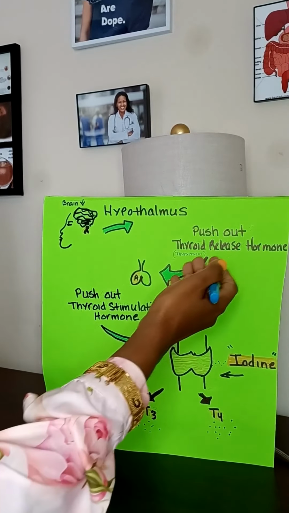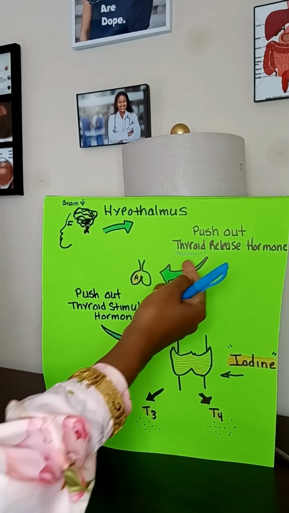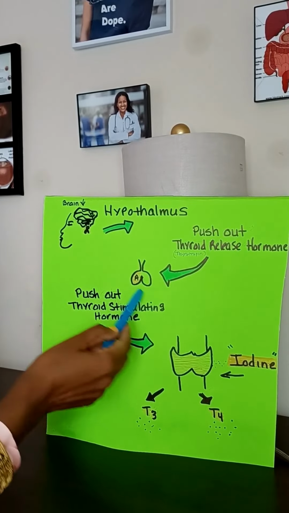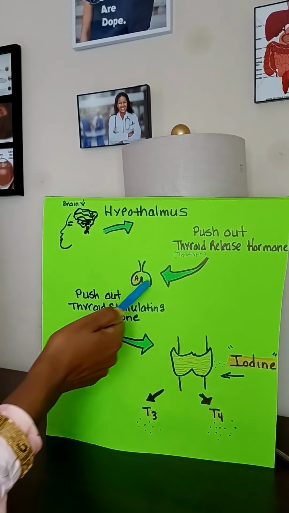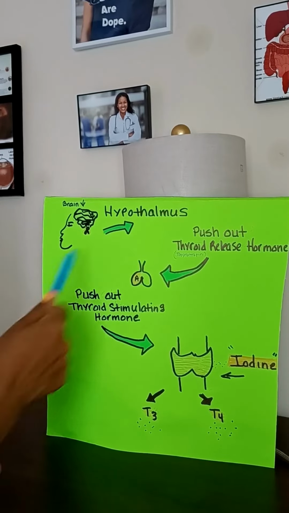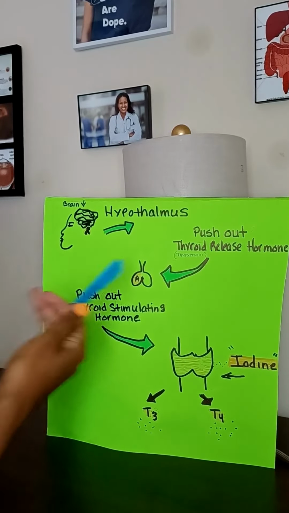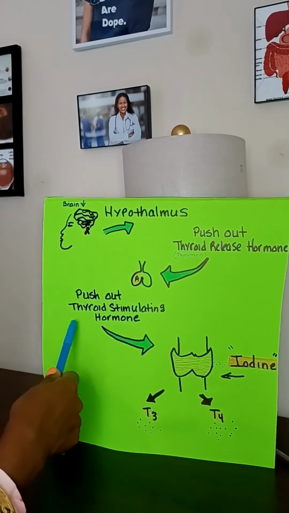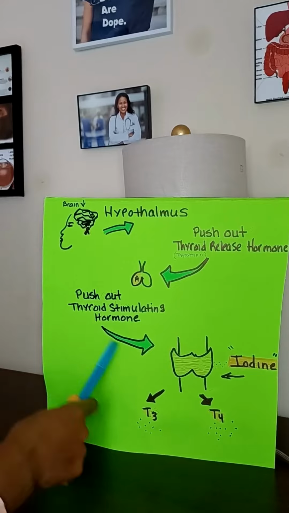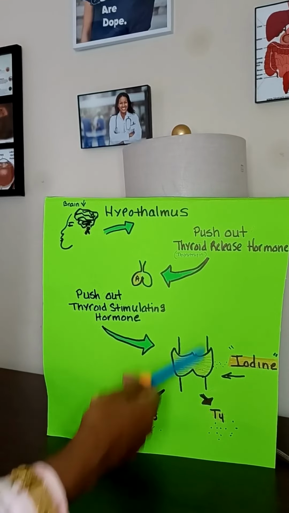When it sends out that signal, it's going to go straight to the anterior gland. When the anterior gland gets that signal, it's going to push out or secrete thyroid stimulating hormone, so this is your TSH, basically. It's going to send that to your thyroid gland, which is what's in your neck.